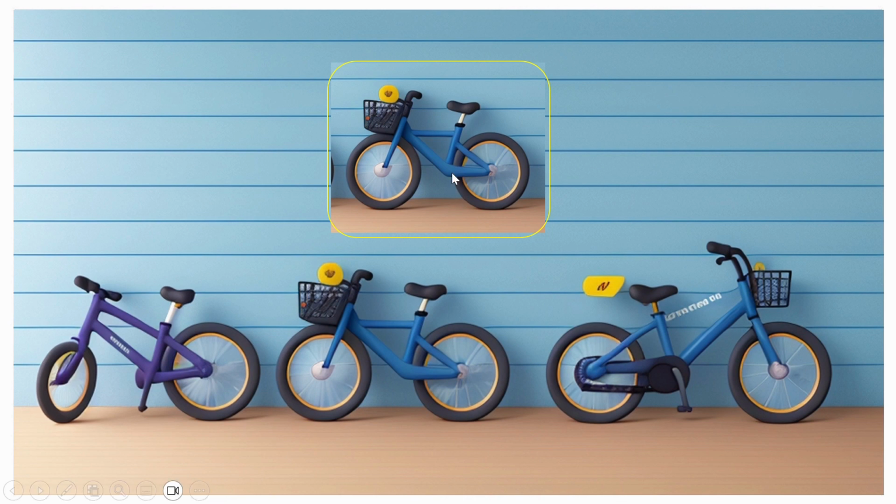In the same way we have to find the cycle which is matching this cycle. Here it is. So which cycle is matching this one? Here in this cycle the color is different, and also we don't have the front basket.